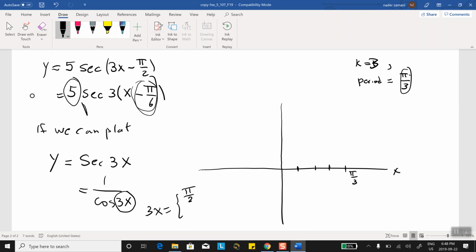Okay. So let's make sure that we know this. We're dealing with secant. So let me see now. Problem where this is pi over 2, x is pi over 6. What would pi over 6 mean? Pi over 6 would be at this location.